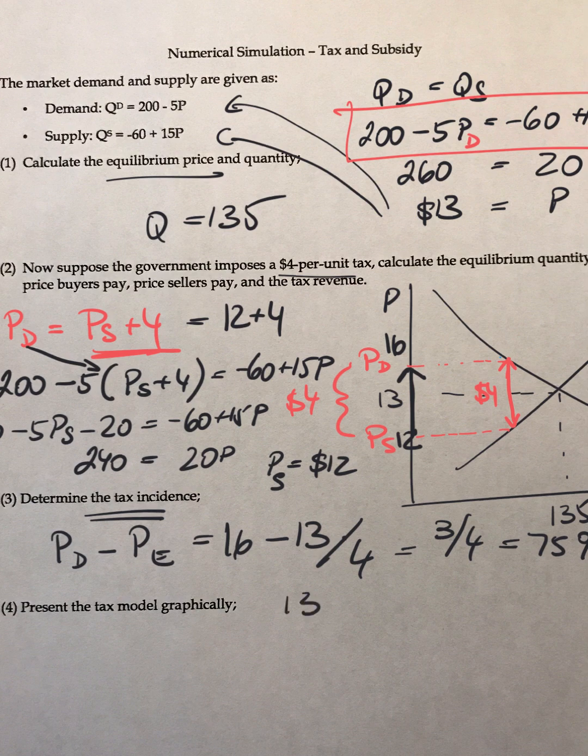Sellers, they would have received 13 before, now they only receive 12. Out of the $4 tax, the incidence on the sellers is 25%. So sellers are only receiving $1 less, buyers are paying $3 more. So this is 3 out of 4, this is 1 out of 4.